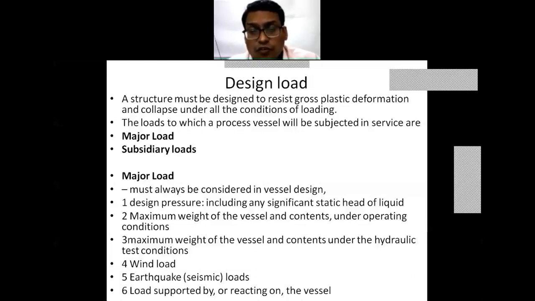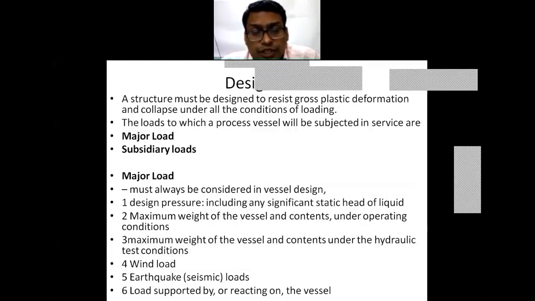Vessel completely filled or half filled, based on the density considerations, how to take the weight of the content itself plus the weight of the vessel itself. Then the maximum weight of the vessel and the contents under the hydraulic test conditions.